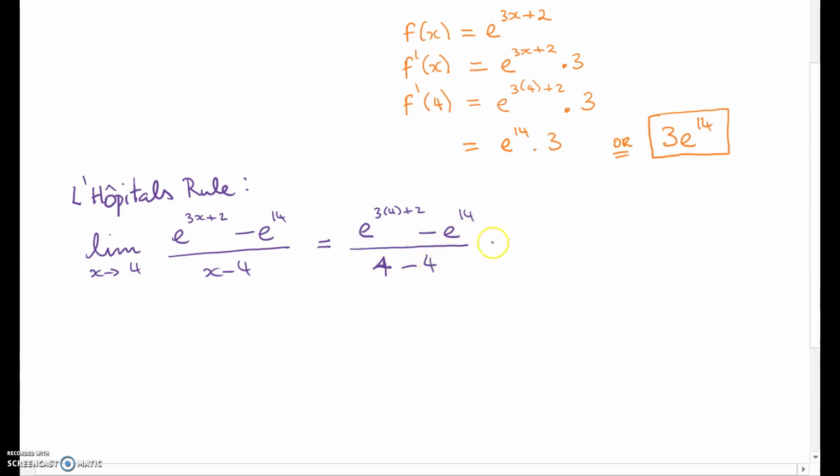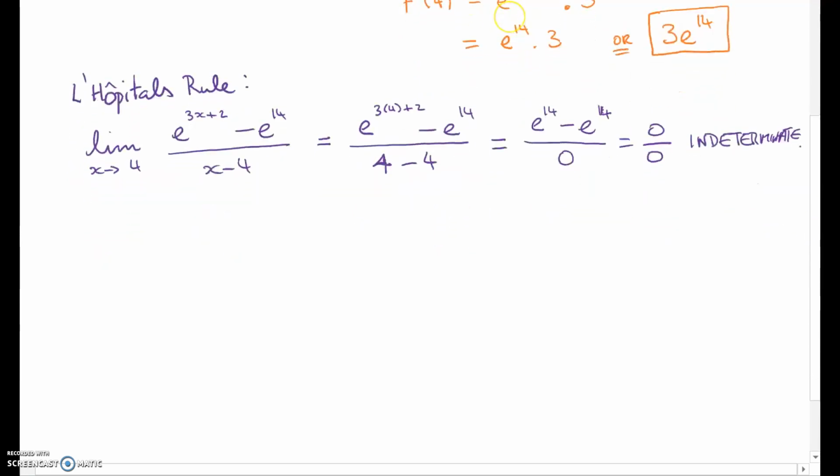On the top we get e to the 14 minus e to the 14, over 4 minus 4, which is 0, so it's 0 over 0. That means we can use L'Hopital's rule. Now remember what L'Hopital's rule says.